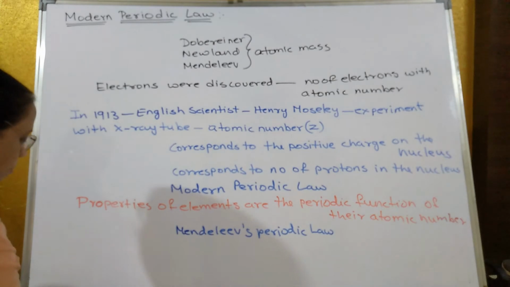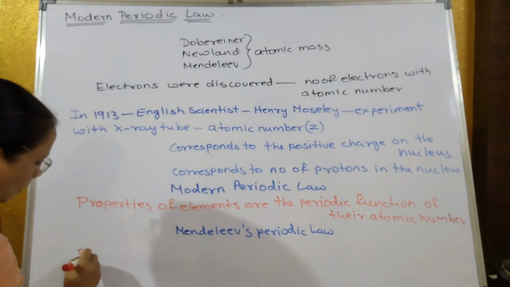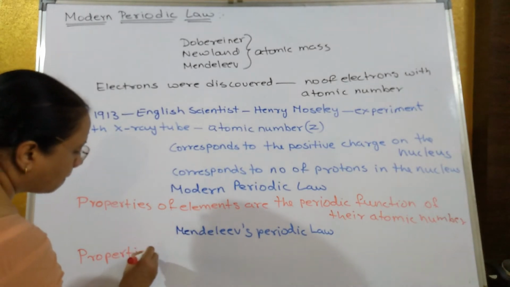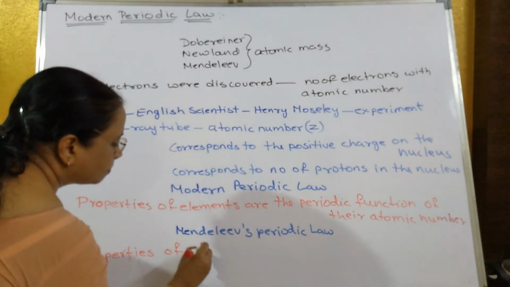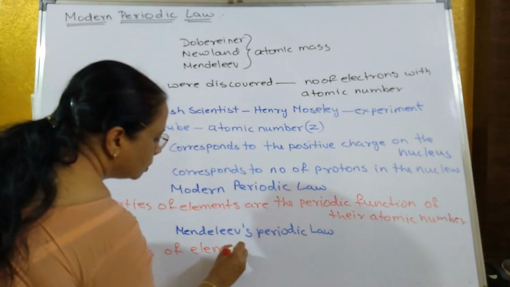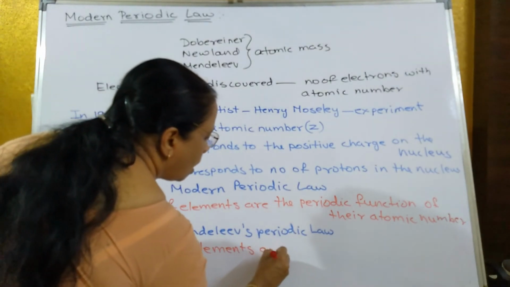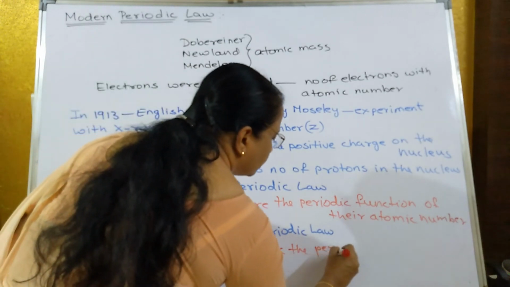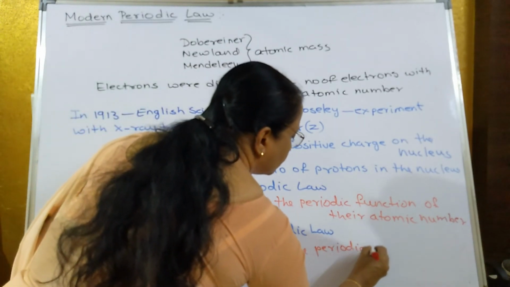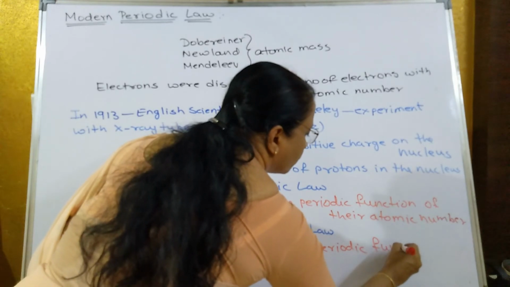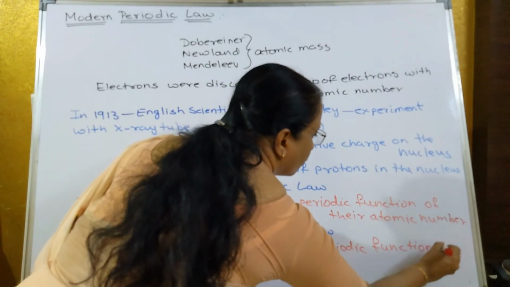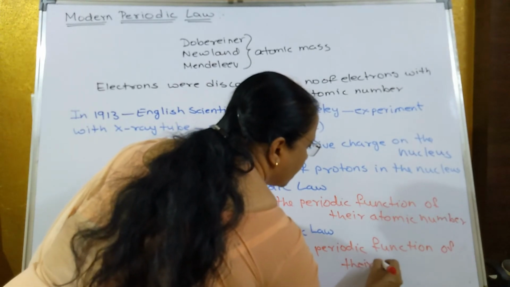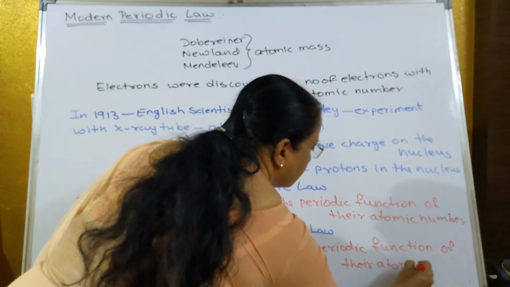Properties of elements are the periodic function of their atomic, not number, but atomic mass.